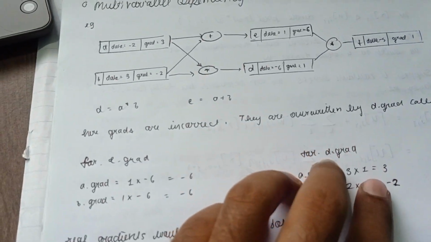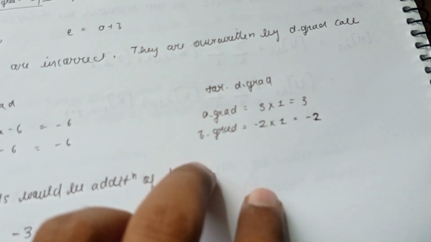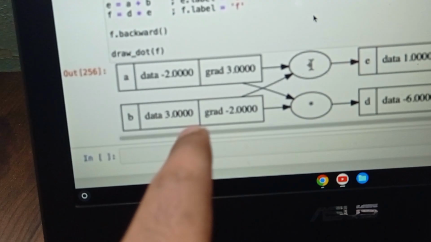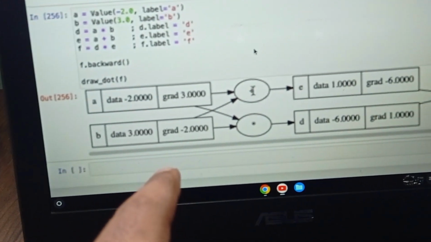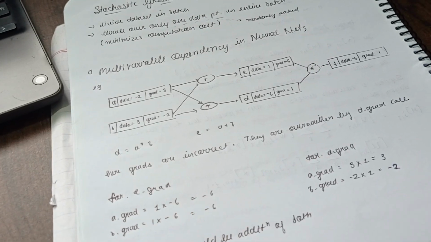And then the d dot grad method is called on d, which calculates a dot grad equal to 3 and b dot grad equal to minus 2, which is what we see here, which are not the actual values. The true values would be minus 3 and minus 8, which is basically the addition of this and this.